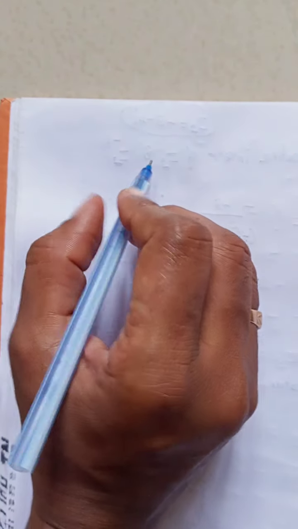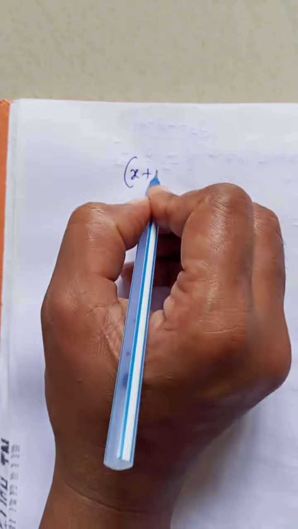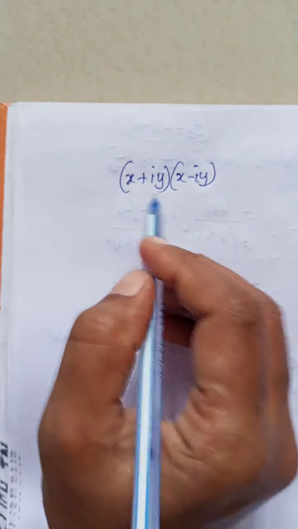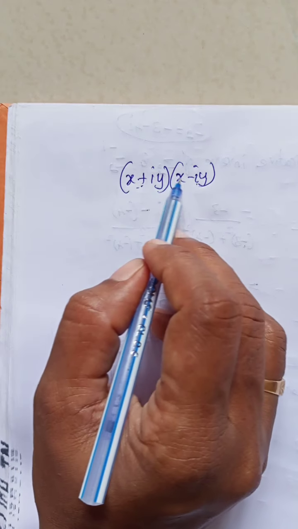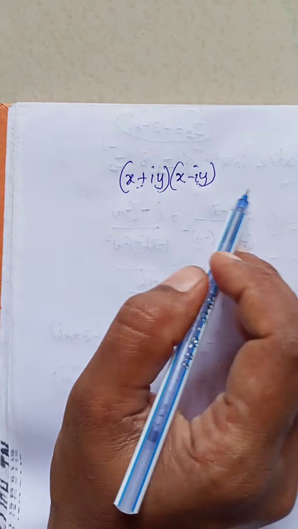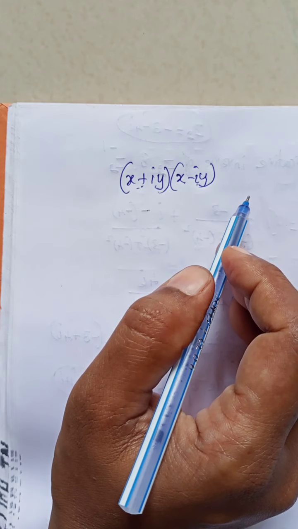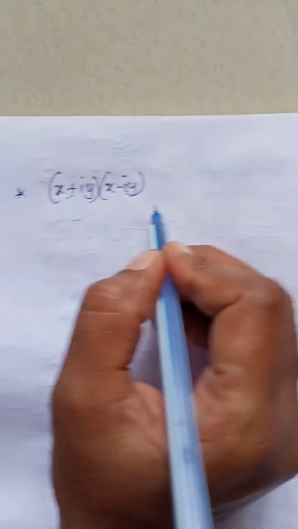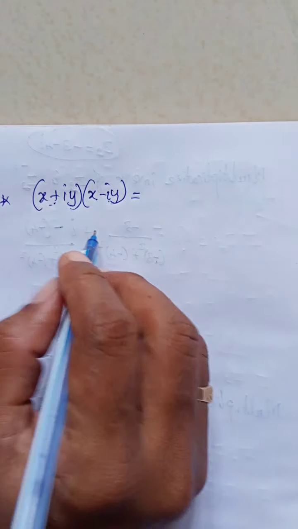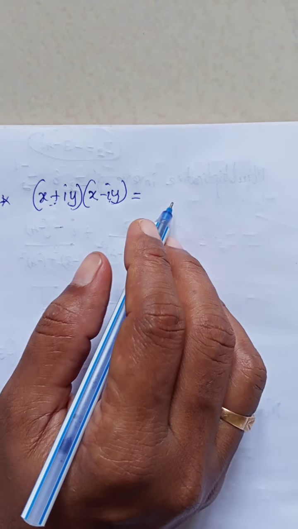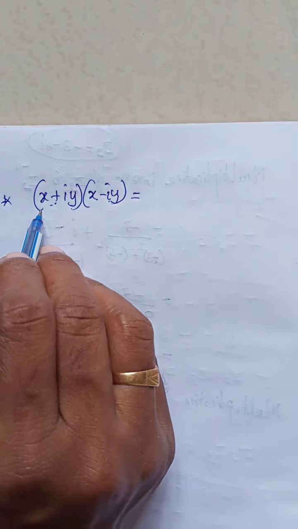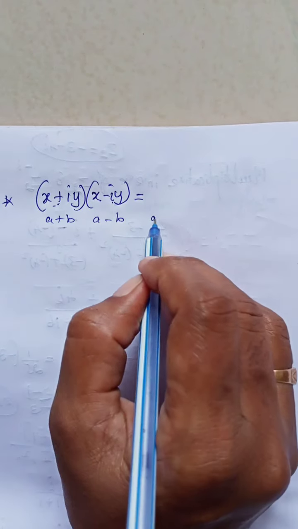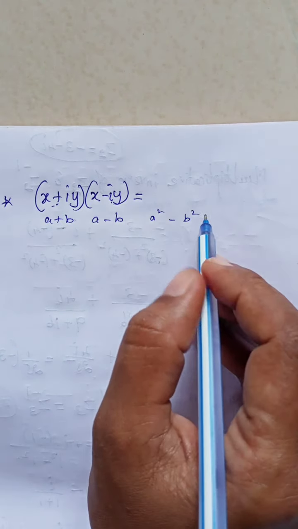Here, the product of a complex number and its conjugate will always be a real number. An important note. Shall we check whether we get a real number or a complex number? This is of the form a plus b into a minus b, which gives a square minus b square.